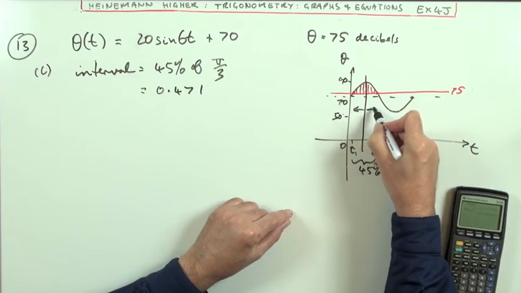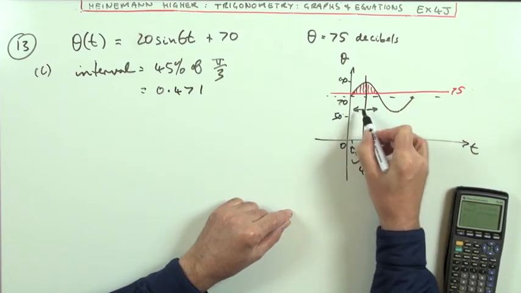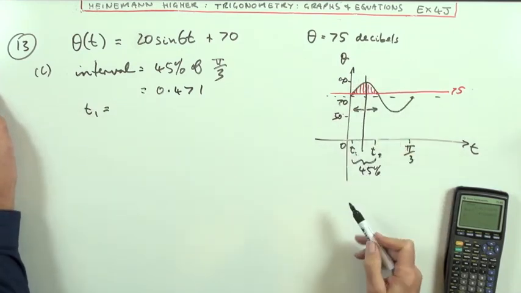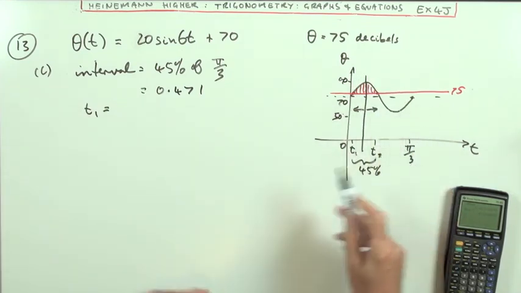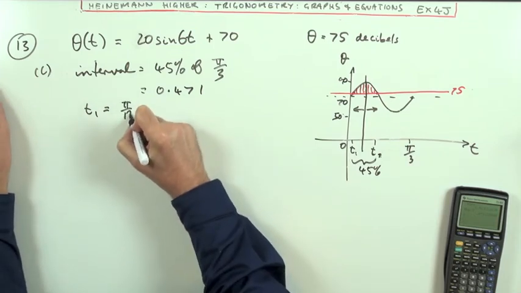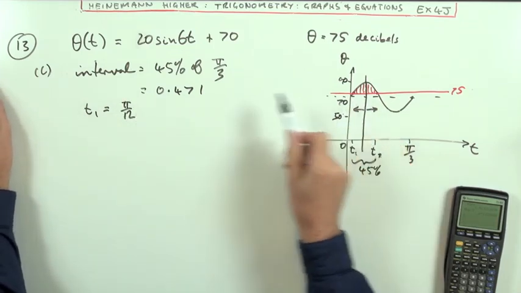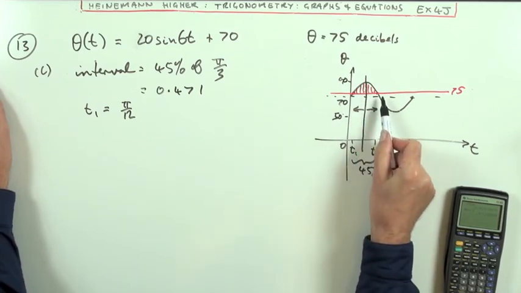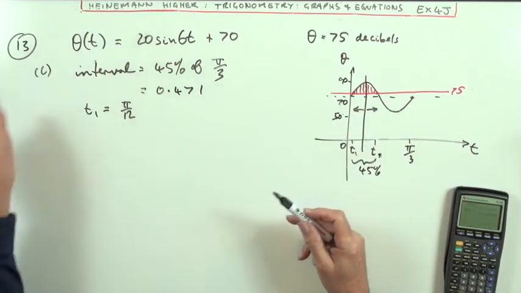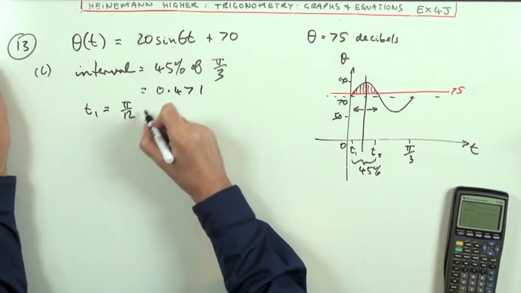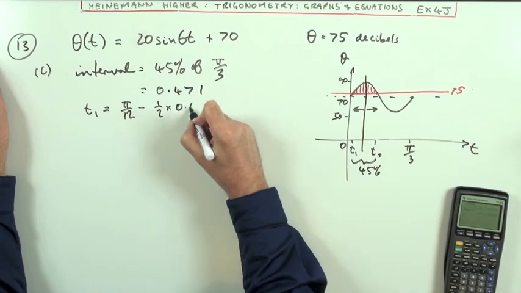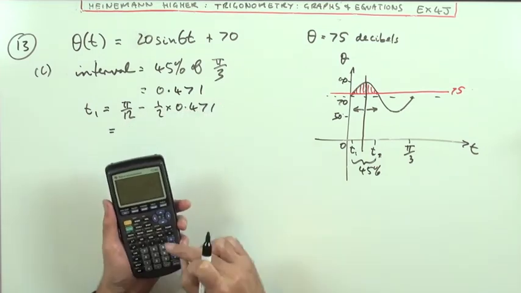I know that if that interval altogether is 0.471, then time 1, for instance, will be based on that midpoint, which will be a quarter of the cycle, so that's pi upon 12. That'll be pi upon 12 minus half of that interval, and the other time would be pi upon 12 plus it. I only need one value to feed into this equation here.